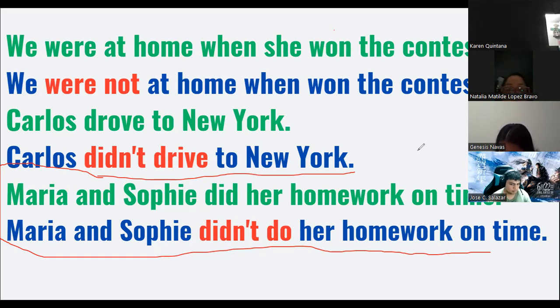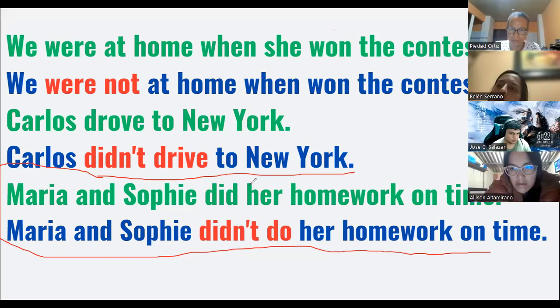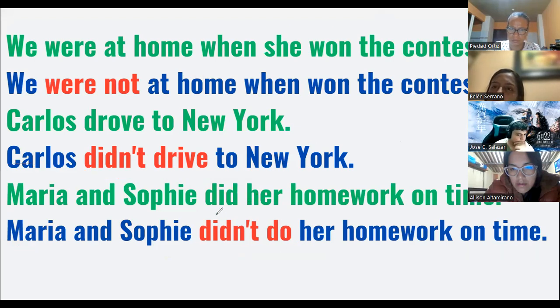Maria and Sophie didn't do their homework on time. Okay, very good. Okay, again, we have did. Y aquí, como se dan cuenta, tenemos didn't, que es do en pasado, y luego está do como verbo principal. ¿Por qué están juntos? Porque uno es auxiliar y el otro es verbo principal, para decir que Maria y Sophie no hicieron su deber. Okay.